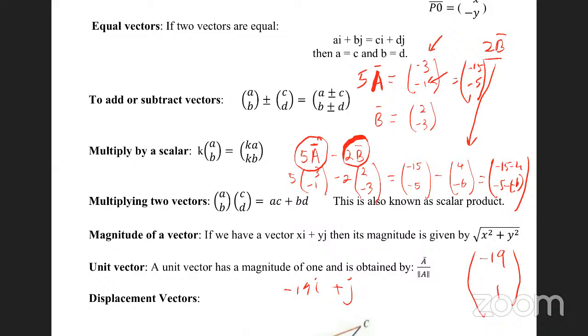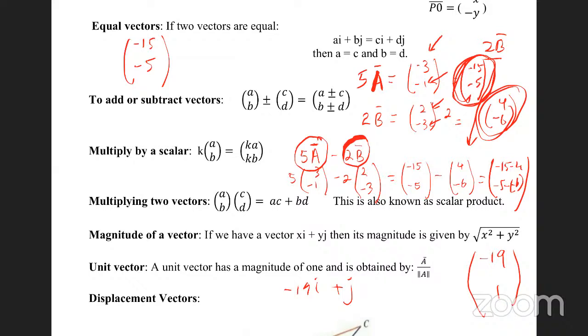Yes, sir. Then they said 2B. So I multiply this by 2 and this by 2. So I'll end up with 4, minus 6. You okay with that step? That's how to get 5A and 2B. Now I'm going to take this here and minus this. So I'll take minus 15, minus 5 and minus 4, minus 6.